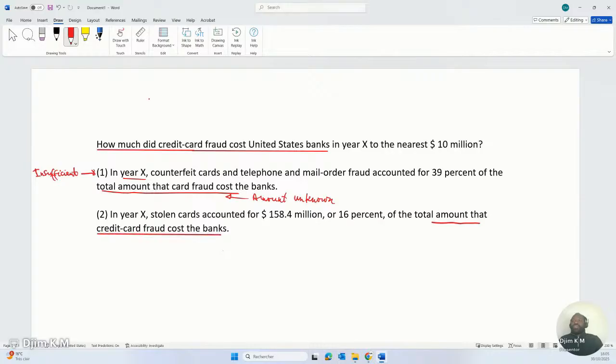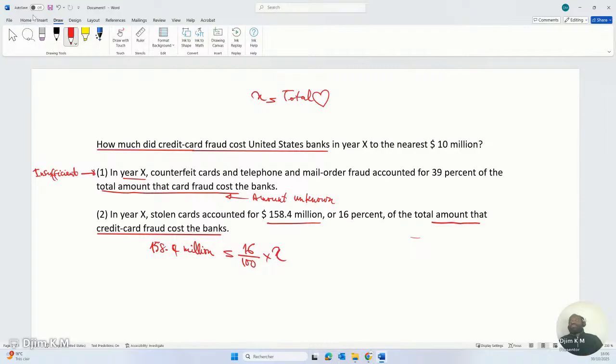But here we have this amount, 158.4 million, which is equal to 16% of the value that we are looking for. So this is basically saying that 158.4 million is equal to 16% of X.